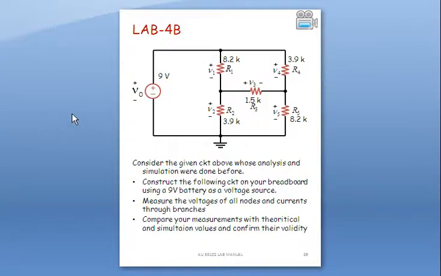And in the B part, you will construct the circuit, and as you remember, it's the same circuit with KVL KCL circuit. So in KCL KVL circuit, we have measured the branch voltages and branch currents, and in this activity we will measure the node voltages.